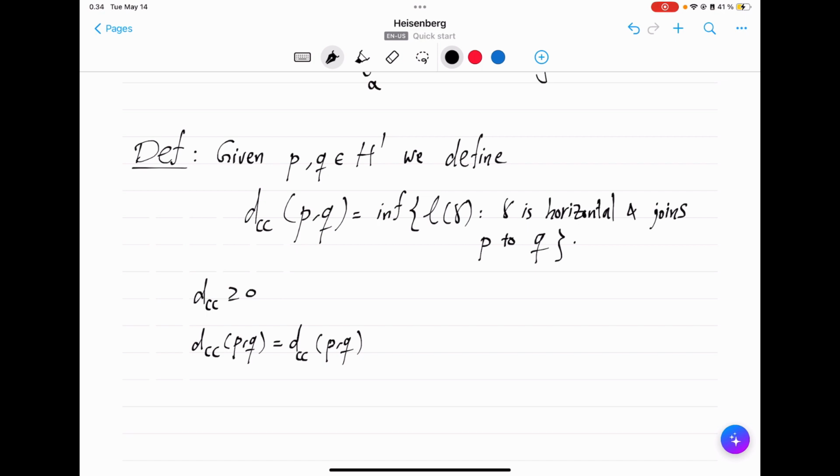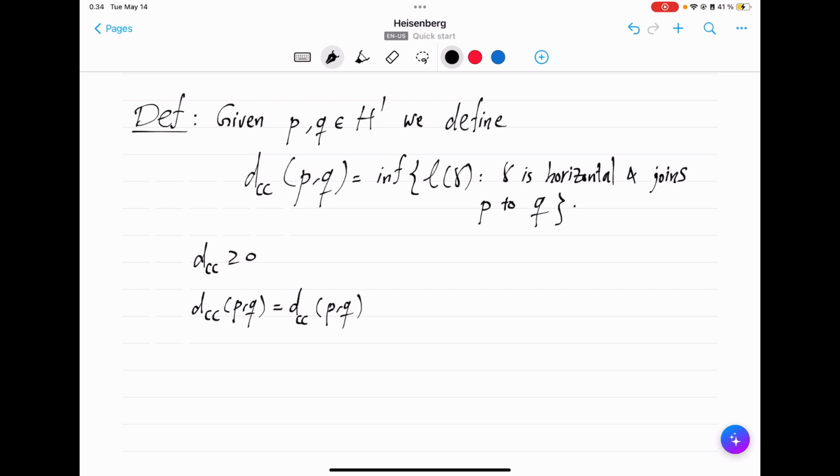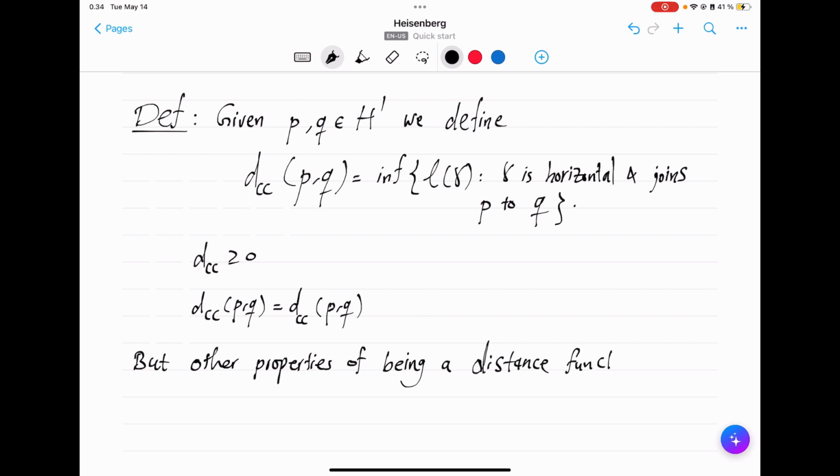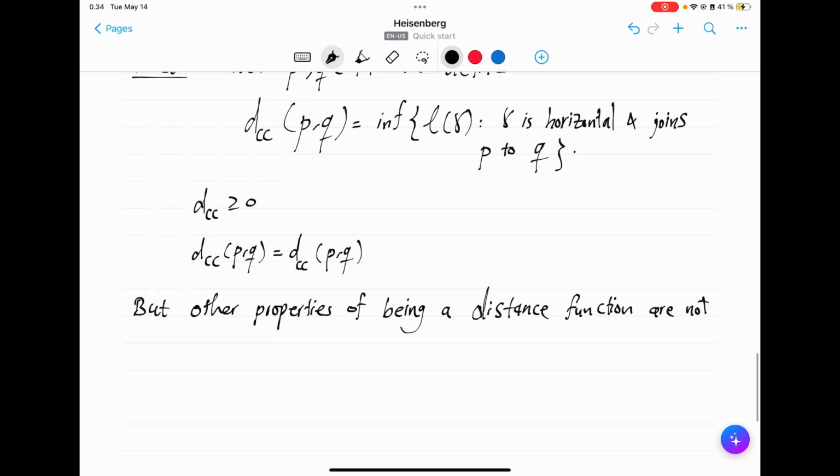But other properties of being a distance function, here metric being used in the sense of metric spaces, are not immediate. Maybe the triangle inequality is what is not immediate.